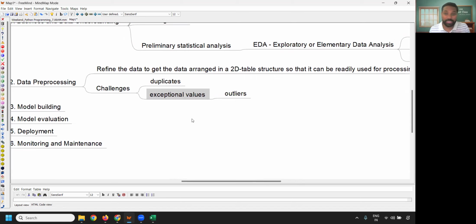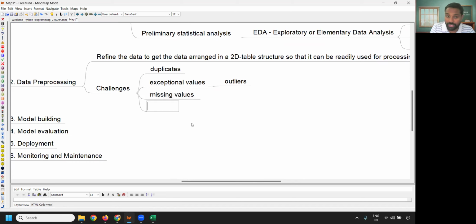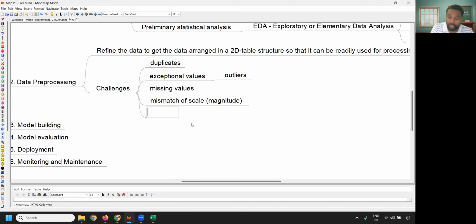Now, handling outliers is very, very important because it influences the entire meaning of the data, right? So we may have these kinds of exceptional cases. Missing values could be there. We may have a mismatch of scale, that is nothing but magnitude. We may have data in non-numeric format.